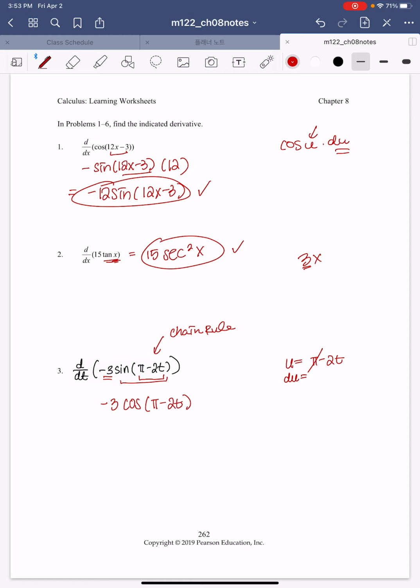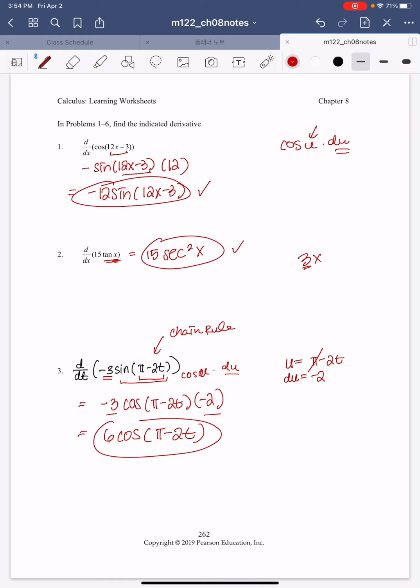The derivative of negative 2t is negative 2. So I have negative 2. These two I can combine, so the final answer is positive 6 cosine of pi minus 2t. Again, this part is cosine u, and then you have to multiply by du, the derivative from our chain.